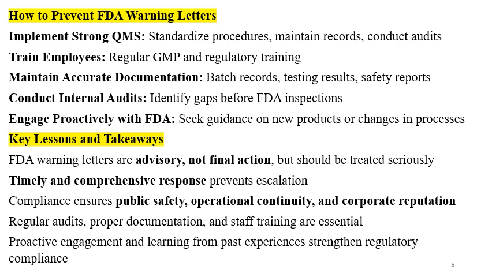So first is QMS: standardize the procedures, maintain records, conduct the internal audits so that you will be in a state of being completely auditable at any time. Train the employees with regular GMP and regulatory training. Then documentation: batch records, testing results, and safety reports should be there.